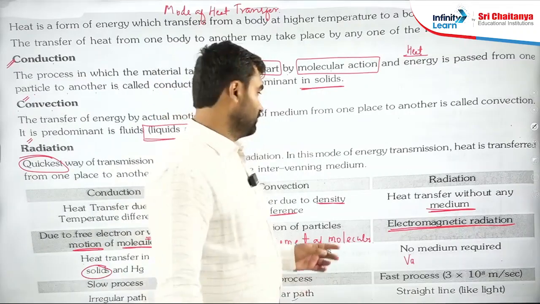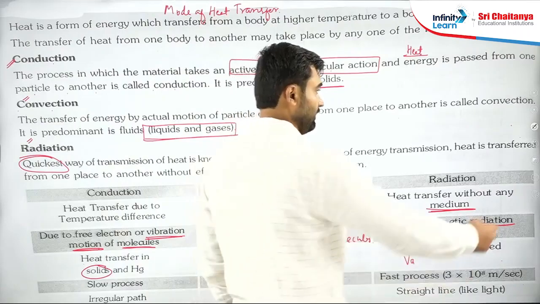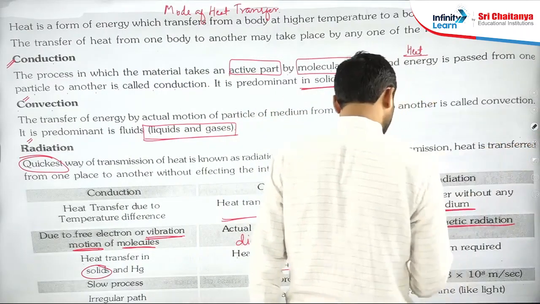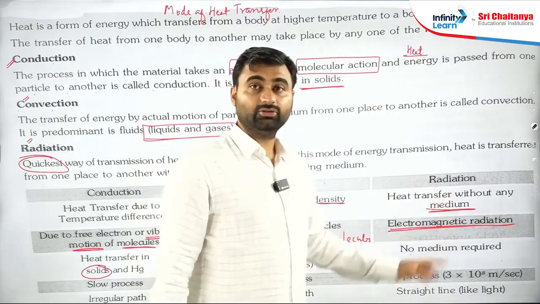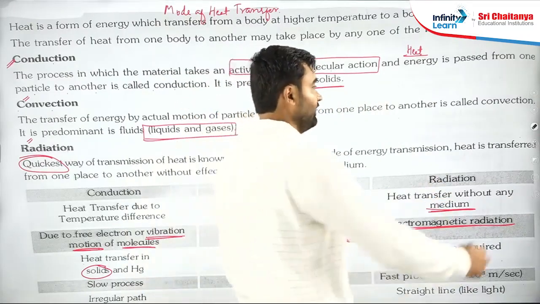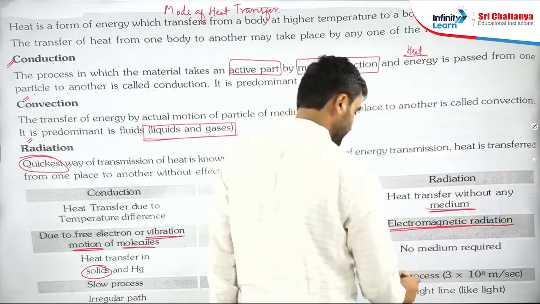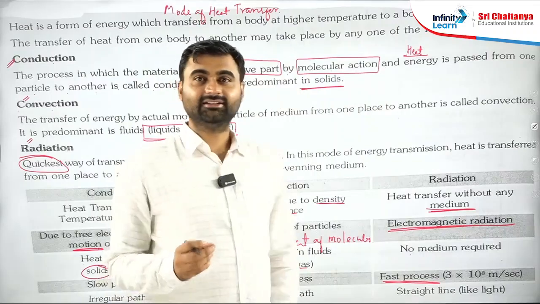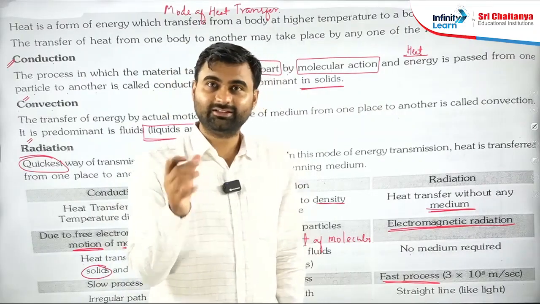Okay. So here we understood. Now I gave you the example of radiation mode also. Now this radiation mode is the fastest mode of heat transfer. It is the fastest mode of heat transfer. Okay. Why? Because here heat transfer takes place at the speed of light.